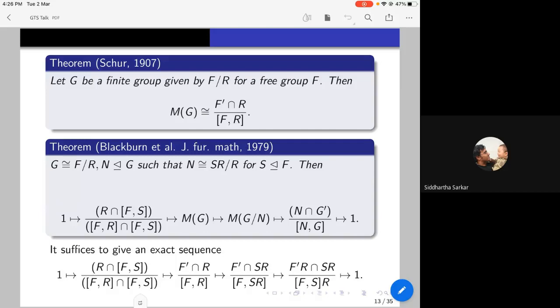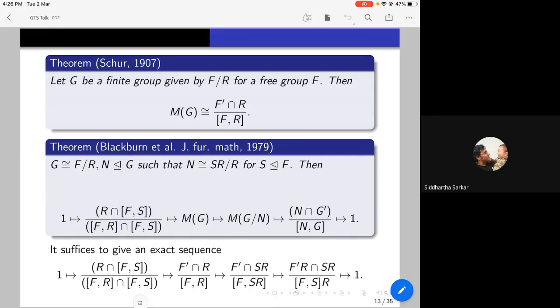That's the description given by Schur himself. Using this description, many exact sequences can be constructed, which are very helpful for the investigation of the order.